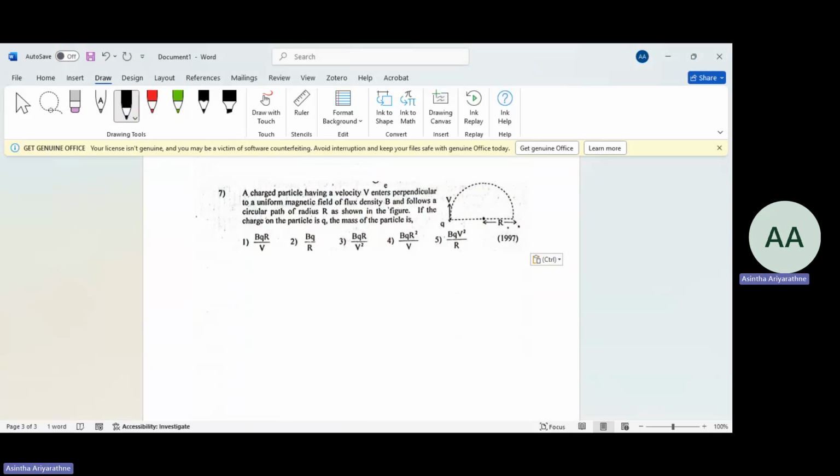From this, you can say the magnetic force is acting towards the center, and velocity is upward. So what is the direction of the magnetic field?